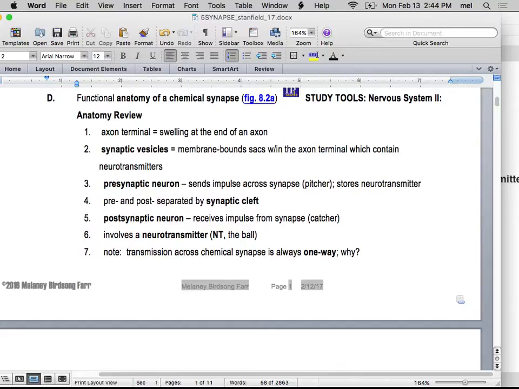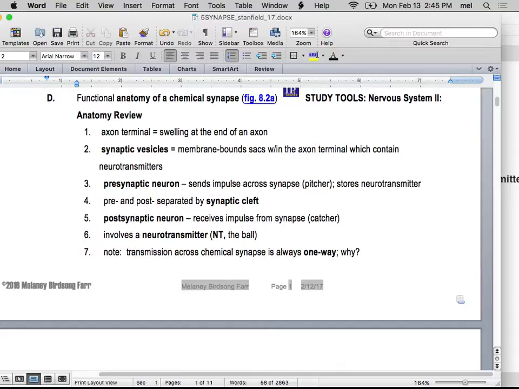Exactly, right? So you can't make the stimulus go back that direction, even if you could get an action potential to go, which you can't, right? So you can't cause a response the other way. So you could, for instance, roll the ball back to the pitcher, right? But you're not going to cause the same response as hitting the mitt. Does that make sense? Okay, so synaptic transmission is unidirectional.